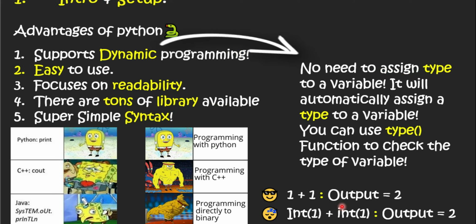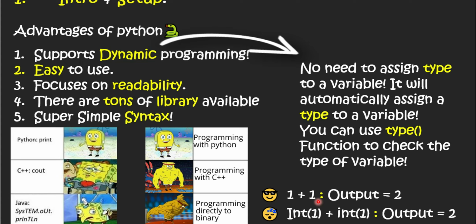But anyways, if you remember in the first video while talking about the advantages of Python, the very first advantage that I explained to you was that it supports dynamic programming. Dynamic programming means that we don't have to give a type to a variable. In the example I explained that 1 plus 1 gives the output 2. Python would automatically understand that we are talking about integers, right?